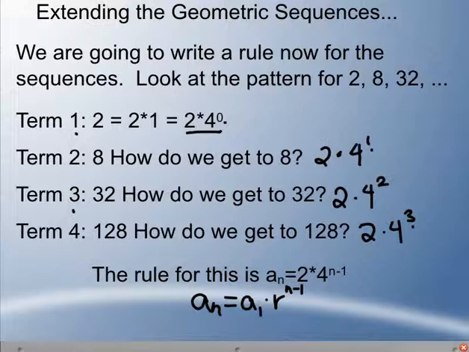If I have the 6th term, I would be going to the 5th power, which means for this rule, I would say 2 times 4 to the n minus 1 power, so that I can find any term that I want.